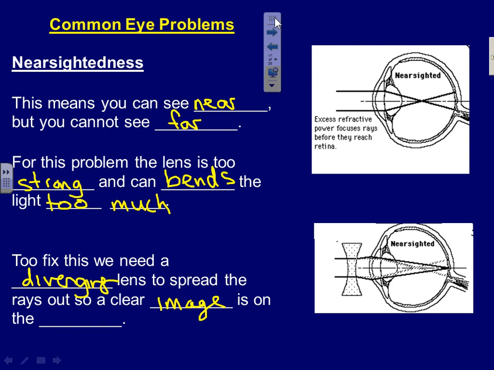Excellent. Diverging lenses. Could I start a fire with a diverging lens? No, because it doesn't focus the light. So you poor souls who are all nearsighted, you can't start fires with your glasses. Sorry, no good. Let's talk about the next one.